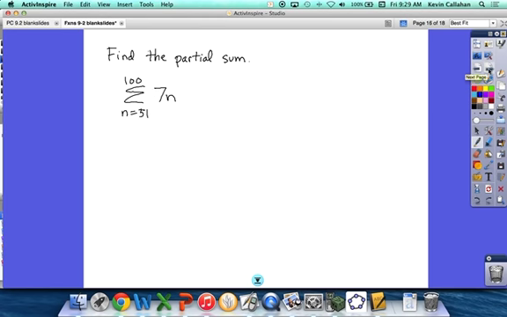Okay, in this case, I'm looking for the number of terms. You would say not 100, right? Because it doesn't start counting at 1. How many is it if it starts counting at 51? Okay, remember the way that you do this. Subtract 100 minus 51 plus 1.